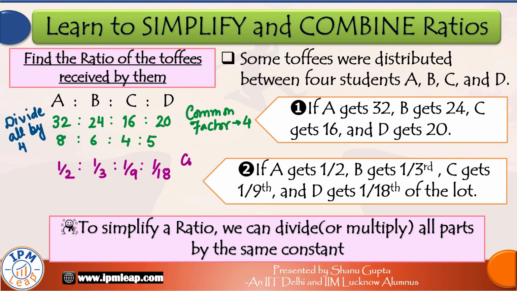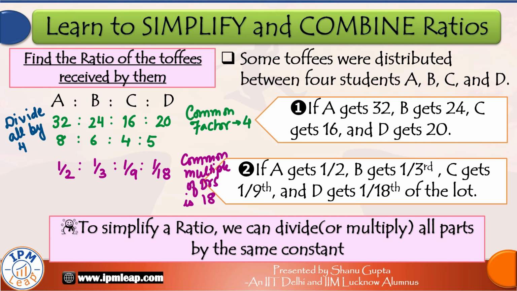So let us try to find out a common number that is to be multiplied with all of these fractions. Let us look at a common multiple of all denominators. 2 and 3, a common multiple is 6. 6 and 9, a common multiple is 18. And the last number is already 18. So common multiple of all denominators would be the number 18.